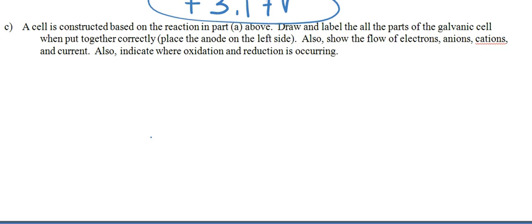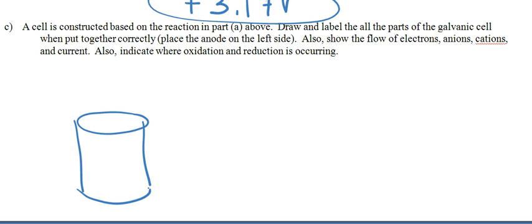I actually like this question. I hope it's on the AP exam. Don't worry about your artistic ability. Nobody cares how well you draw. Just don't be super sloppy and try to rush it. So what we need to do, and you have your chambers above, and they want the anode on the left, so make sure that you respect them in that regard. And then I'll put my other chamber over here.